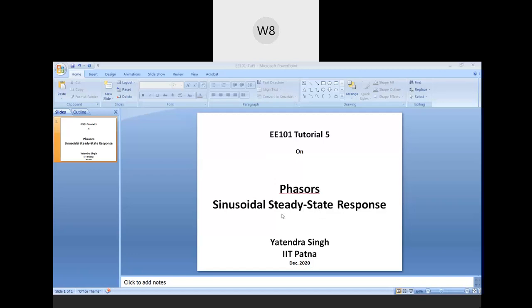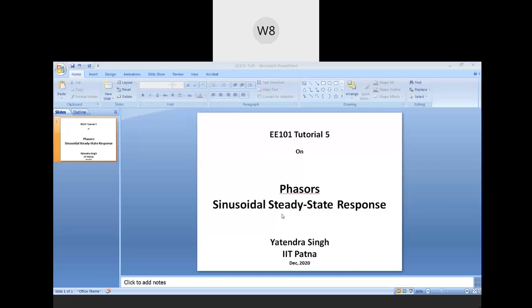So here steady state means that the source is present in the circuit for a very long time, and the circuit has been left there for sufficiently long time, so that all the voltage and current in the circuit have attained what is called steady state.